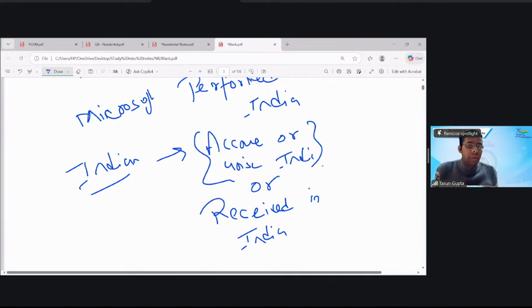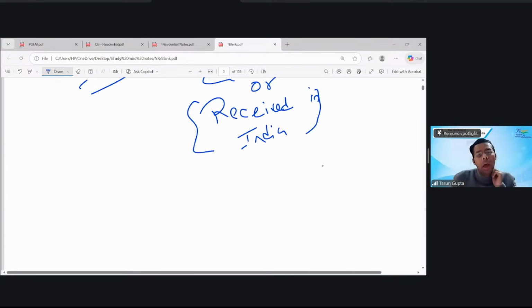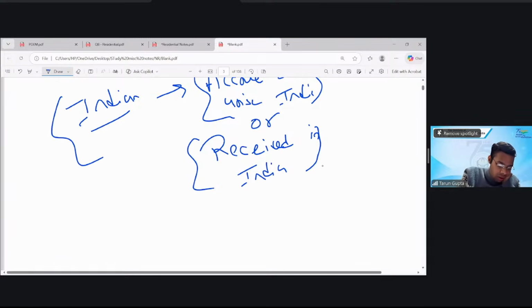And even if the activities are performed outside India, but such income is received in India, then such income is also deemed to be an Indian income and taxable, irrespective of the residential status of the recipient. Understood? Okay. So for this Indian income, we are not concerned about the residential status.